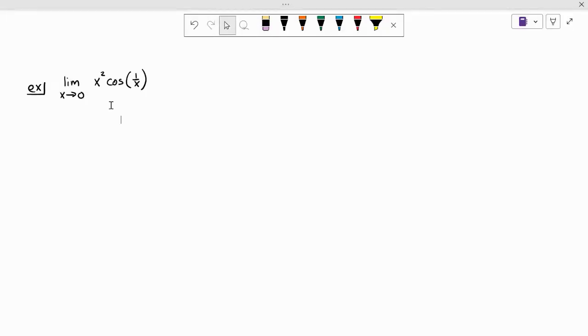So we're going to try to analyze this situation, and maybe we can think about this. Let's think of this as two factors. If you look at just the first factor, x squared, as x goes to 0, where does x squared go? Well, it goes to 0. You can just evaluate directly.